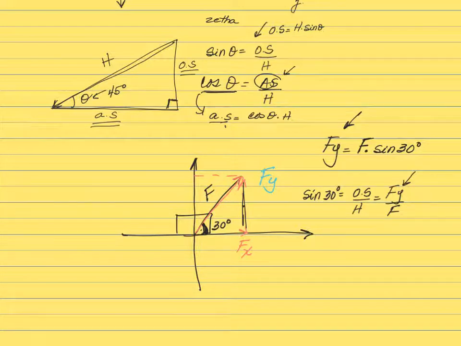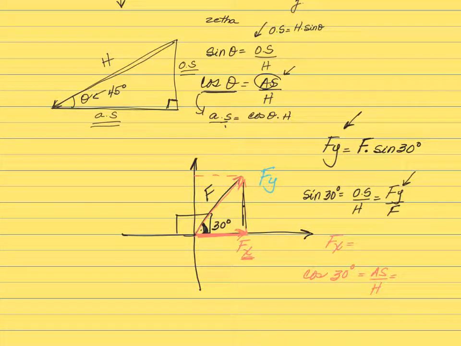Now the component in the x-axis. How are you going to find that? The component in the x-axis, that side of the triangle is the adjacent. So I'm going to use another color. Cosine of 30 degrees is the adjacent side over the hypotenuse.